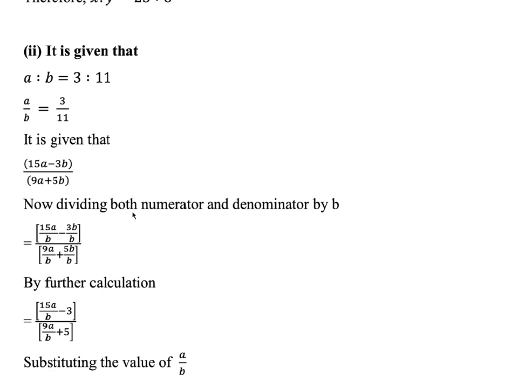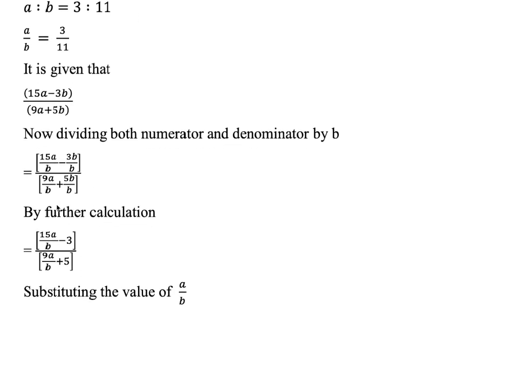So now dividing both the numerator and denominator by B. Okay. So 15A by B minus 3B by B. After that 9A by B plus 5B by B. For further calculation, B will be struck out. So 15A divided by B minus 3 divided by 9A by B plus 5.